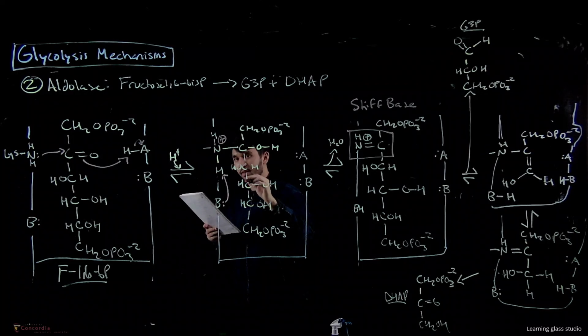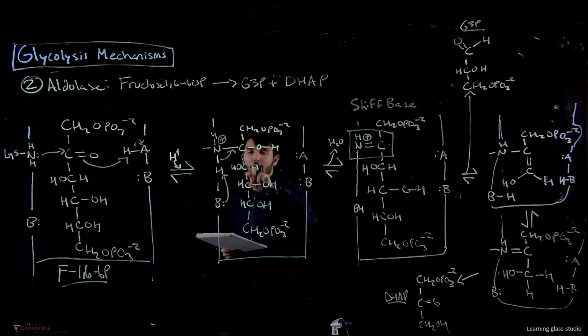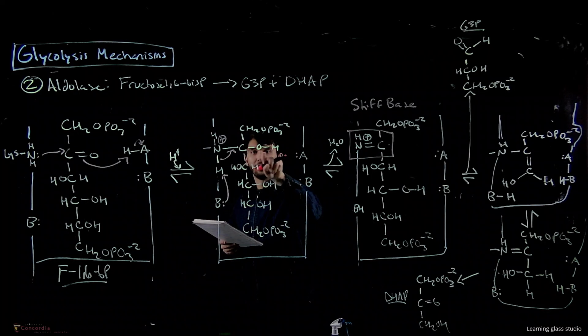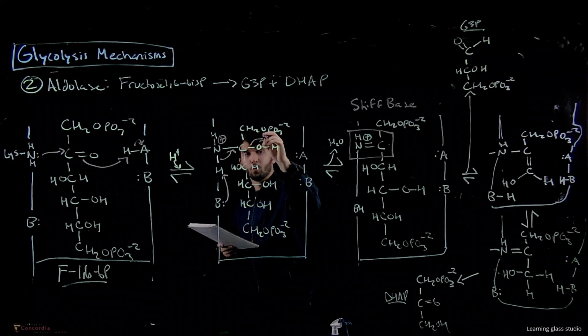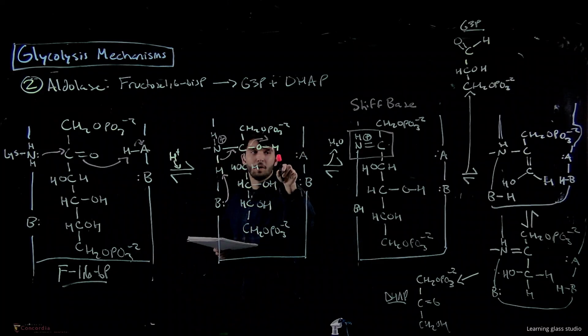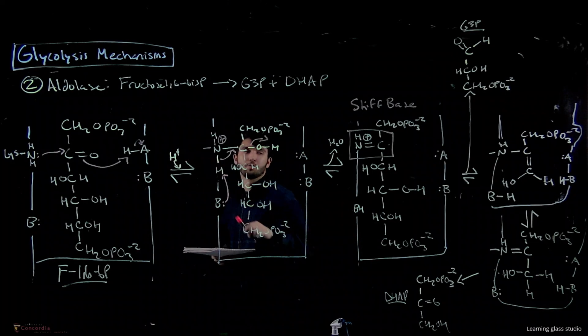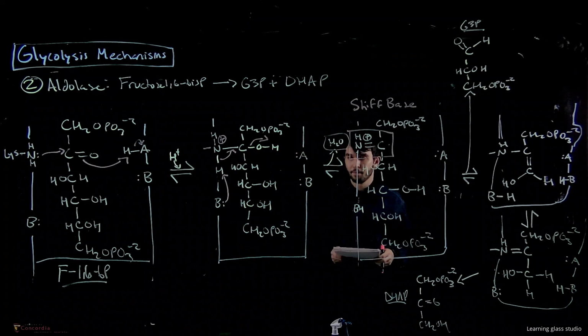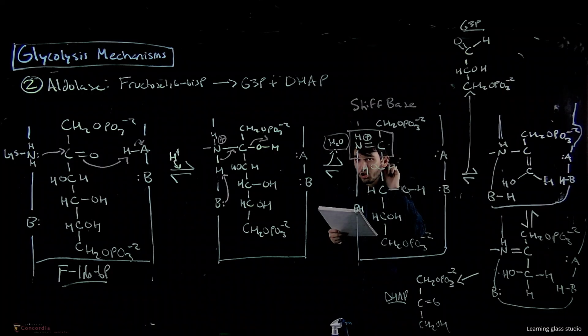And then these electrons here are going to go and form a double bond between the nitrogen and the carbon. And then the electrons in this OH are going to leave and form water. So basically an H plus is going to come in, the OH is going to leave and combine with this H plus to make water here, okay? So this is how the Schiff base is formed.